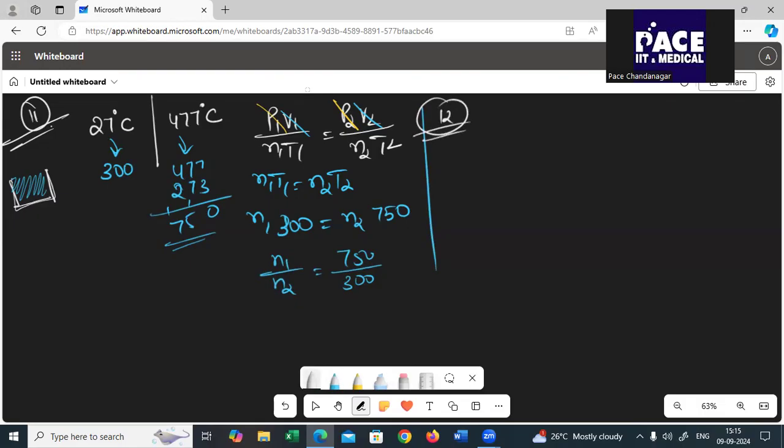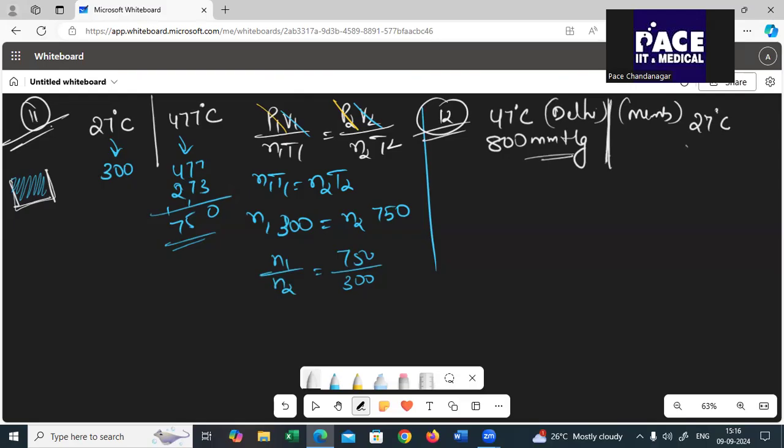Temperature and pressure in Delhi is 47 degrees Celsius and 800 millimeter of mercury, and in Mumbai it is 27 degrees Celsius and 750 mm of mercury. What is the ratio of their densities?